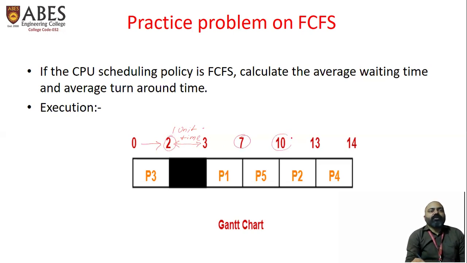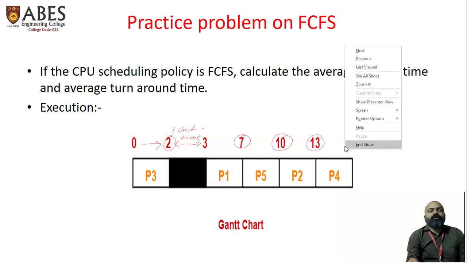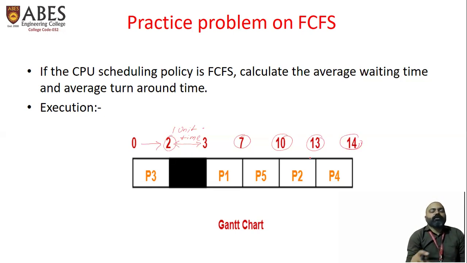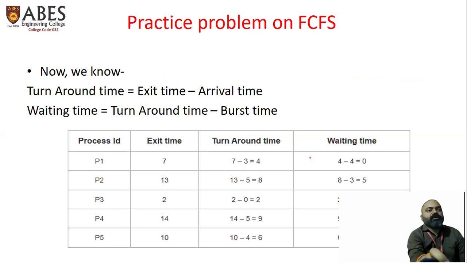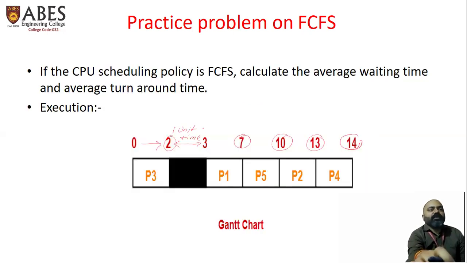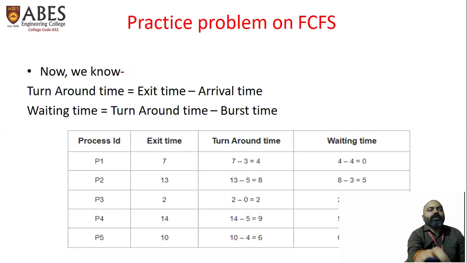For P5 this will be 10. For P2 this will be 13, and for P4 this will be 14. So first note down the exit time for all the processes.